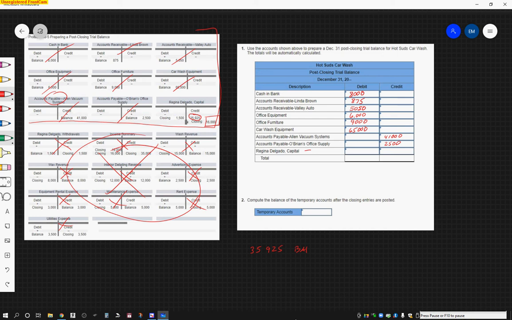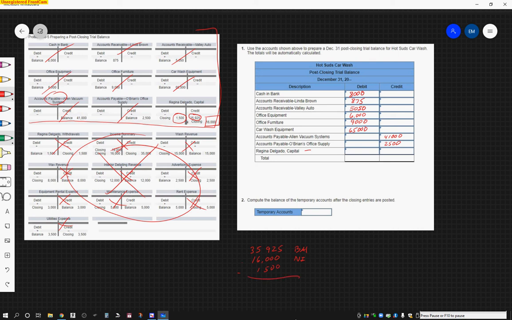The net income, and we can determine that by looking at what would be on the closing side of the credit, is $16,000. That was a net income. And then we have the withdrawals that got closed for $1,500.